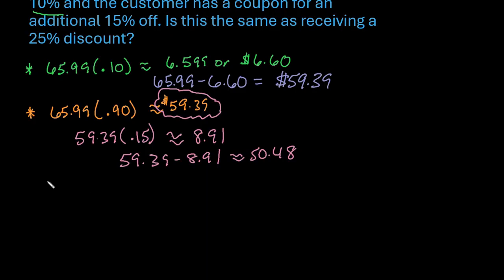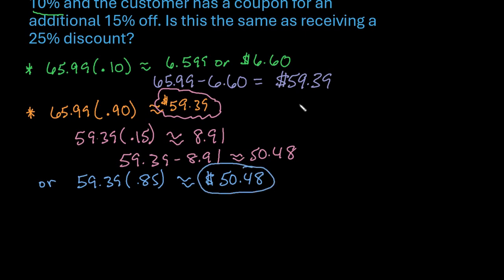Or we could have calculated this by doing 59.39 times 0.85, because we're paying 85% if we're getting 15% off, and we would also get the same thing, $50.48. So this is the price paid for the jacket with the 10% discount followed by an additional 15% off.